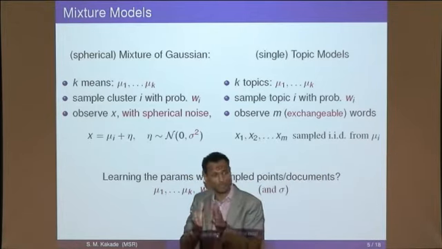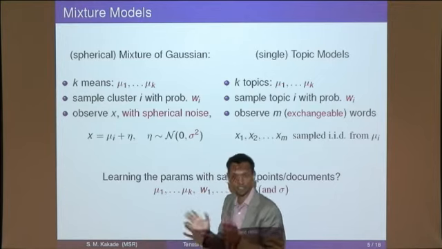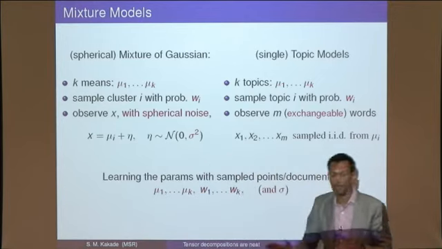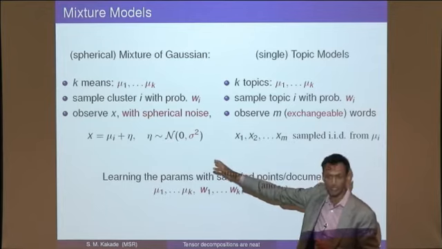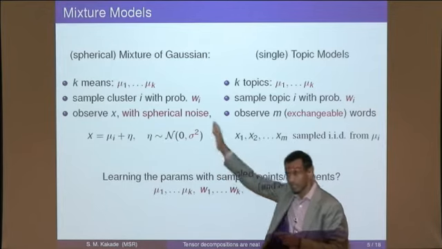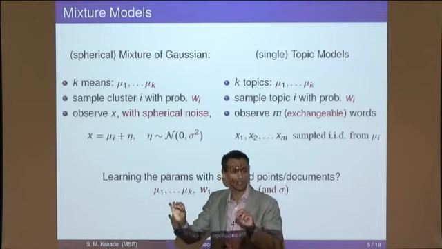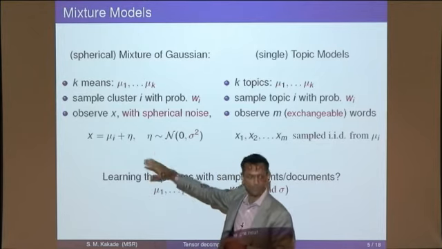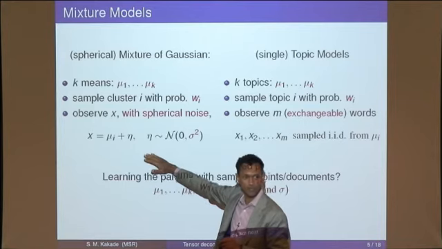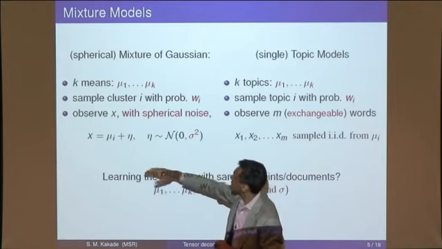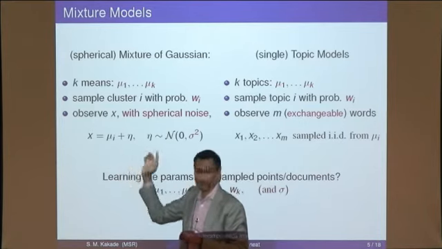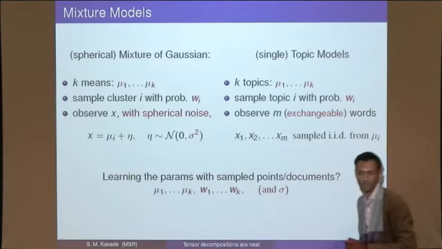We observe the mean corrupted with spherical noise, because that's the case I'm going to consider. This really is the underlying probabilistic model of k-means, right? In k-means, you assign things to the closest point. So we can think of this as the probabilistic model for k-means. We just see a point corrupted with noise, and we're going to see many such points.